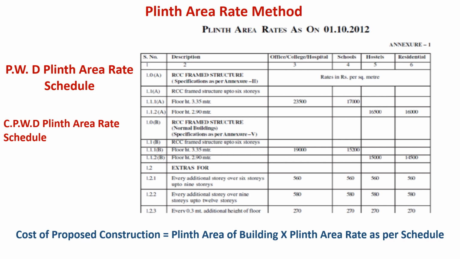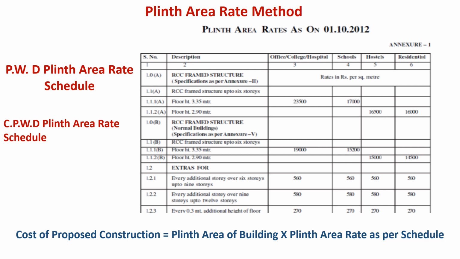And these are the additional parameters which you have to add as per requirement. That is, for every additional story add 560 rupees. Then for every additional story over a 9-story building, add rupees 580 on the previous rate.